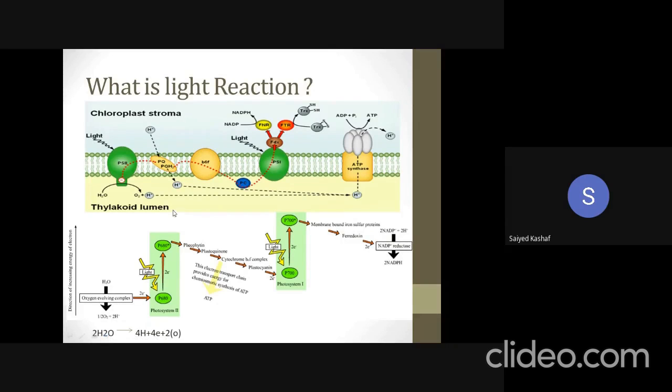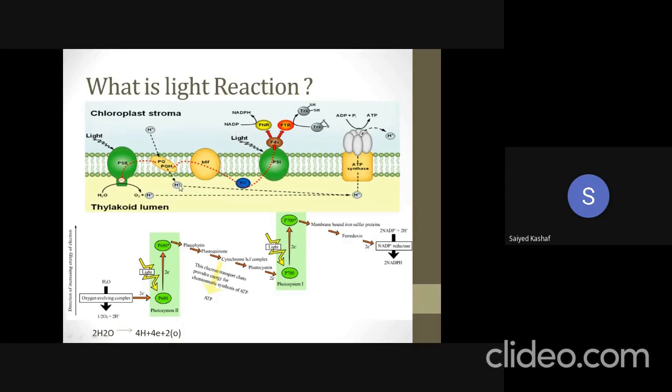Another reason is the PQ, plastoquinone. What happens when this plastoquinone accepts the electron from the PS2 system? It also accepts the hydrogen atom from the stroma and forms PQH2. So when this plastoquinone comes across this membrane, it releases H2 into the lumen and is converted again into PQ.